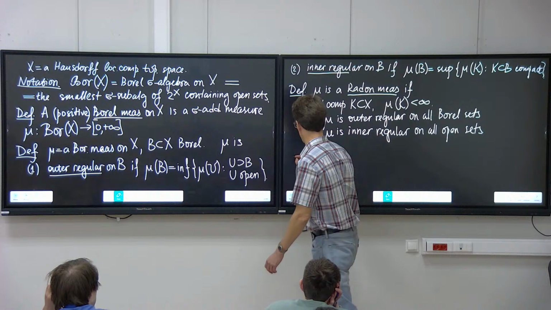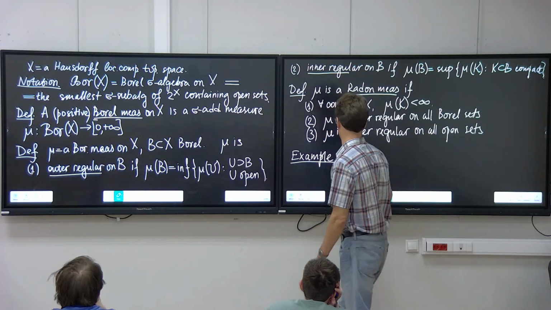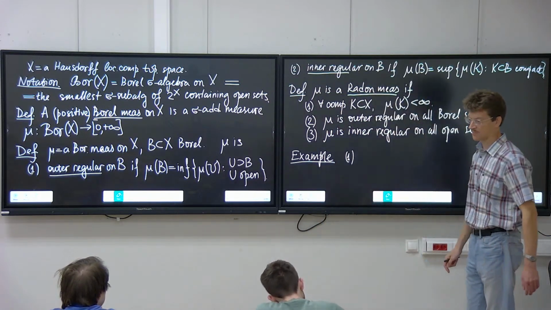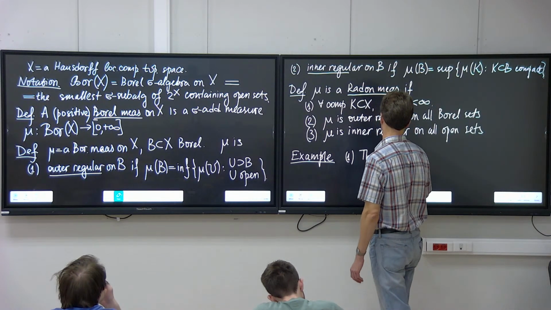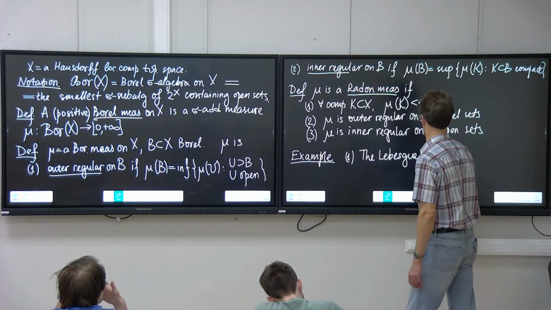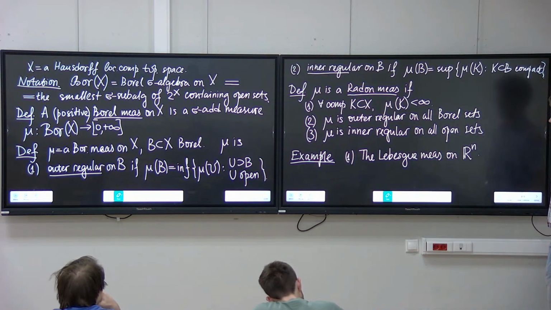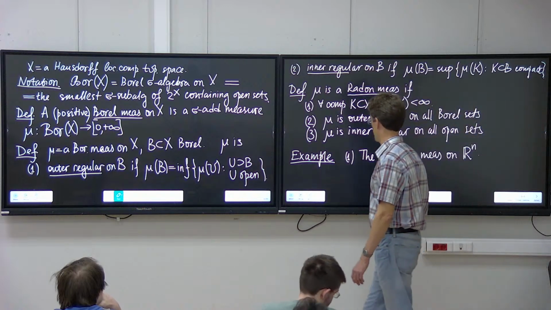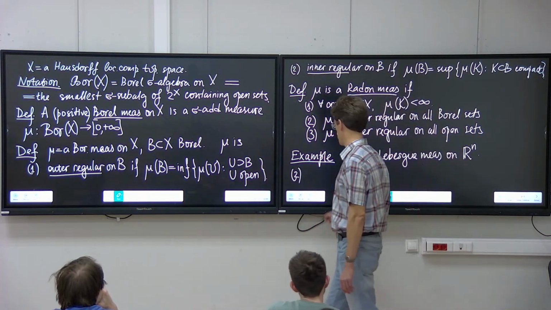Well, let's look at two basic examples of Radon measures. Example one is the usual Lebesgue measure on R^n. It's a standard fact of measure theory, which is normally proved in any standard course of measure theory, that the Lebesgue measure is inner regular and outer regular on all Borel sets. So it is a Radon measure. And another example is the counting measure on an arbitrary discrete space.